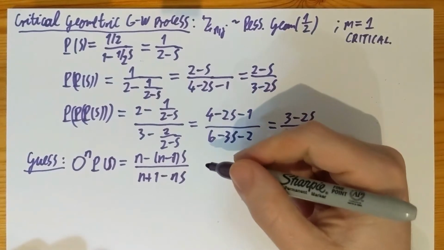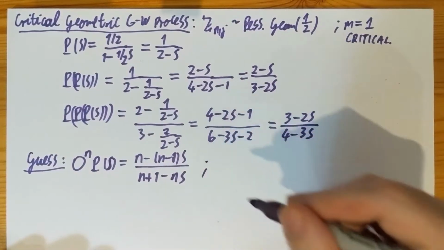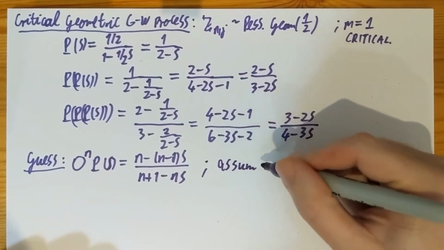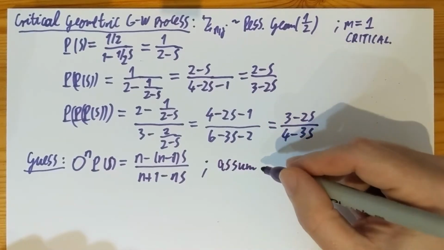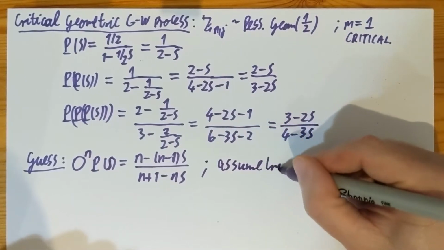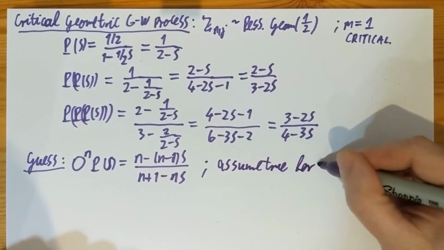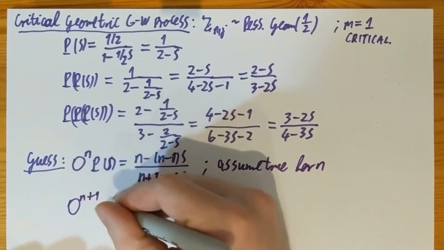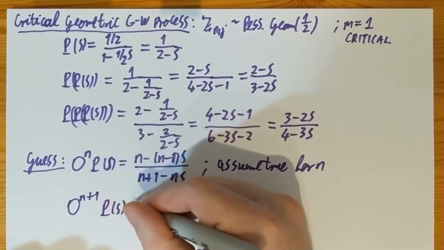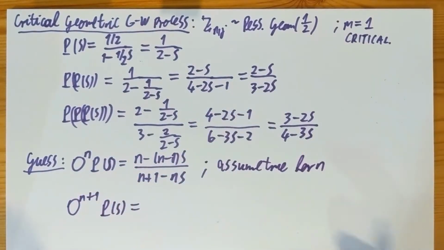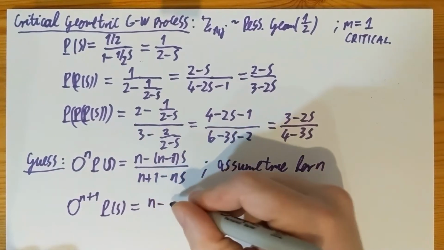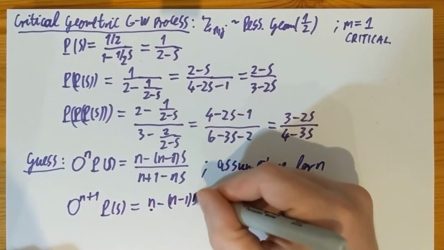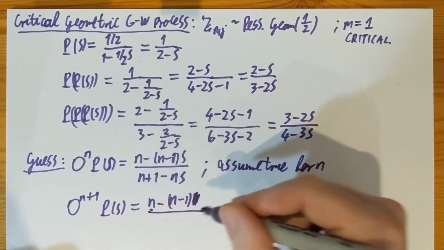How do we verify something like that? You do this by induction. So assume that this is true for n. Do it for n plus 1. So let's see the n plus 1 fold composition. What is it going to be? It's n minus (n minus 1) of something.